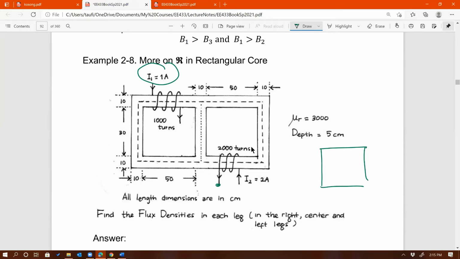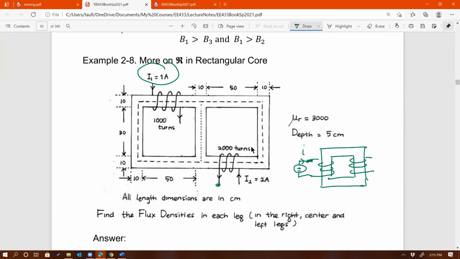Let me just redraw the one that I just discussed. For a transformer, you should have at least two windings. Let's say this is the one that I connect to a voltage source. That's going to inject current into the first coil on the left, the primary side, if you will.